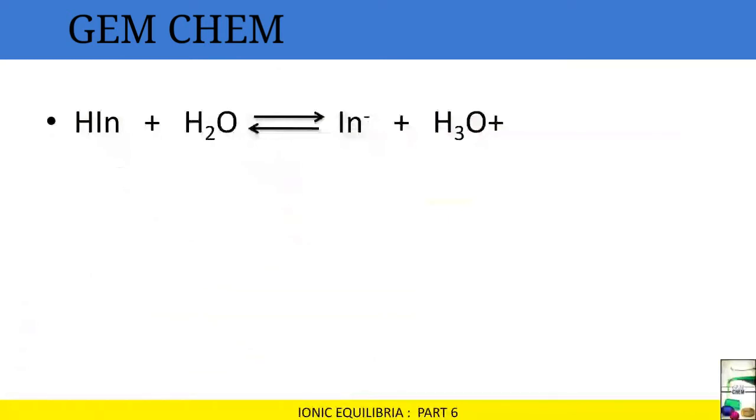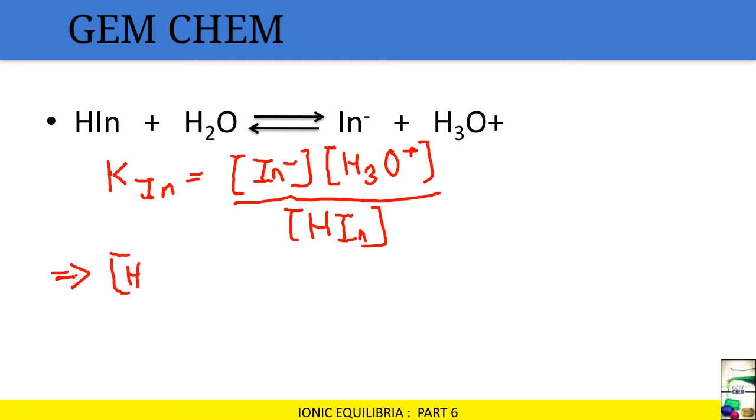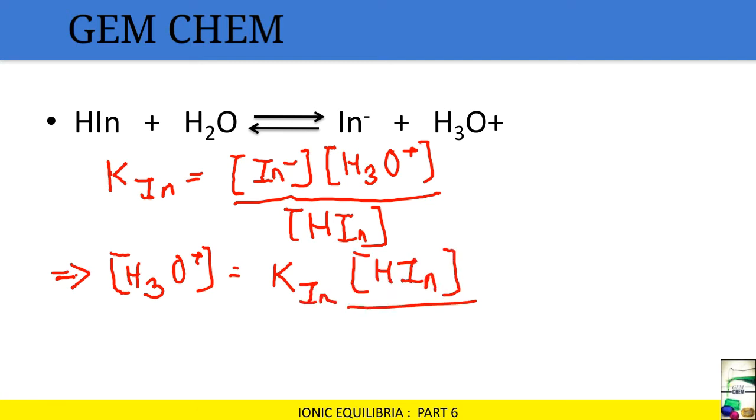Now for this reaction which we have seen now, if we consider the equilibrium constant KIN, then it is equal to the concentration of products, IN minus and H3O plus, divided by the concentration of HIN, right? Now if we modify this as follows to get the pH value, H3O plus is equal to KIN times HIN by IN minus.